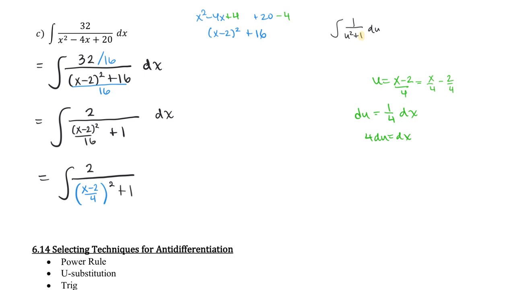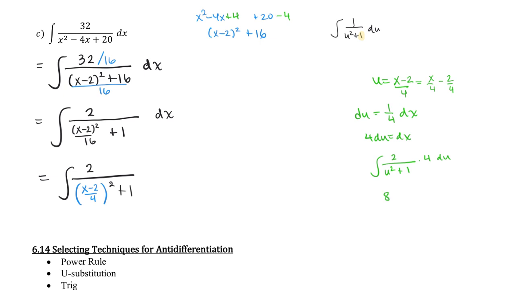Okay, now if I rewrite this in the integral, now what is this? This is u squared plus 1, which I wanted, and then I have this extra 4, and then I have this du out here. So what do I get from this? 2 times 4?